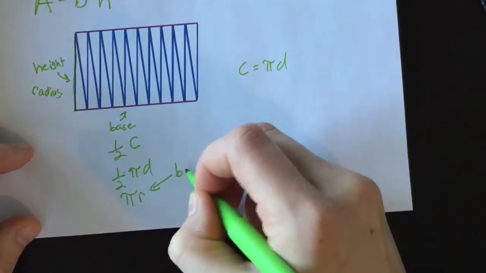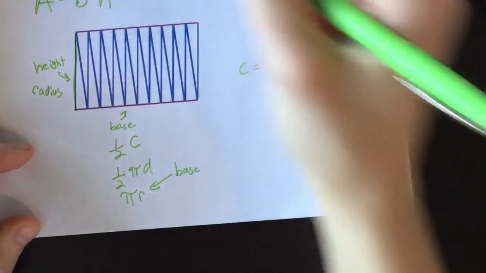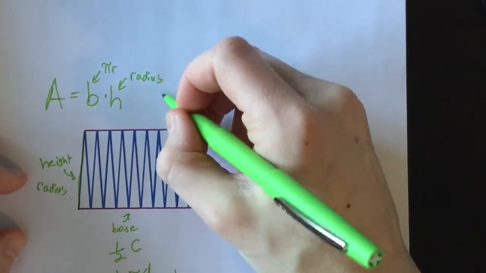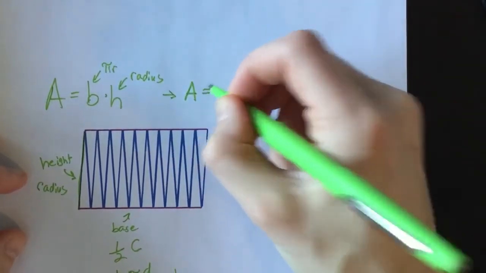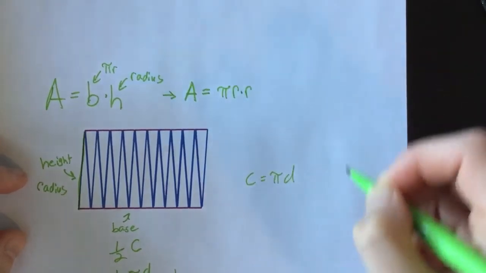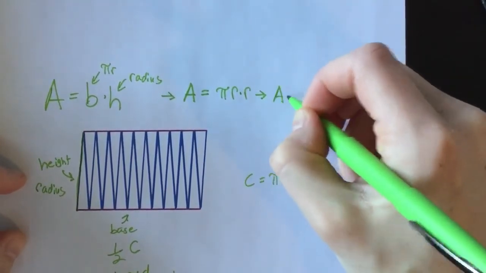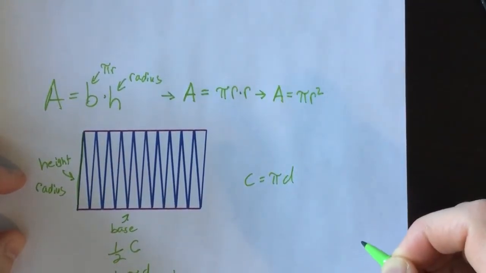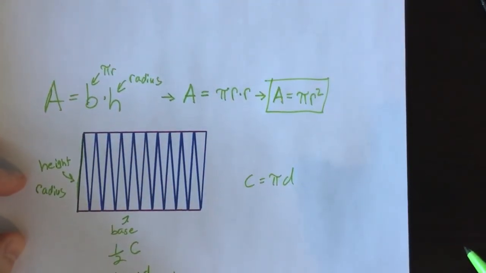Okay, so our base is really pi r. So if we follow through with that and substitute in, our area of our circle is going to be pi r times r. Well, r times r is just r squared. And there is our area formula of a circle.